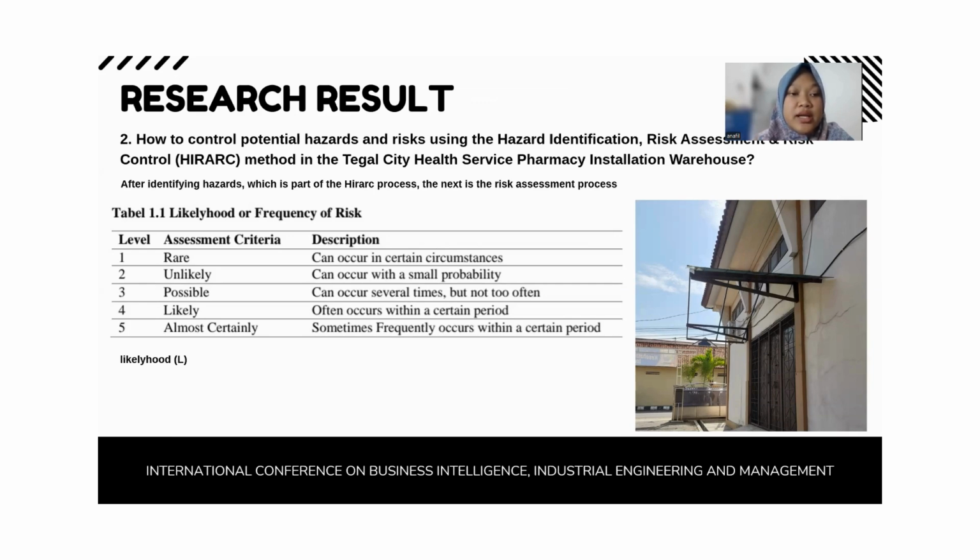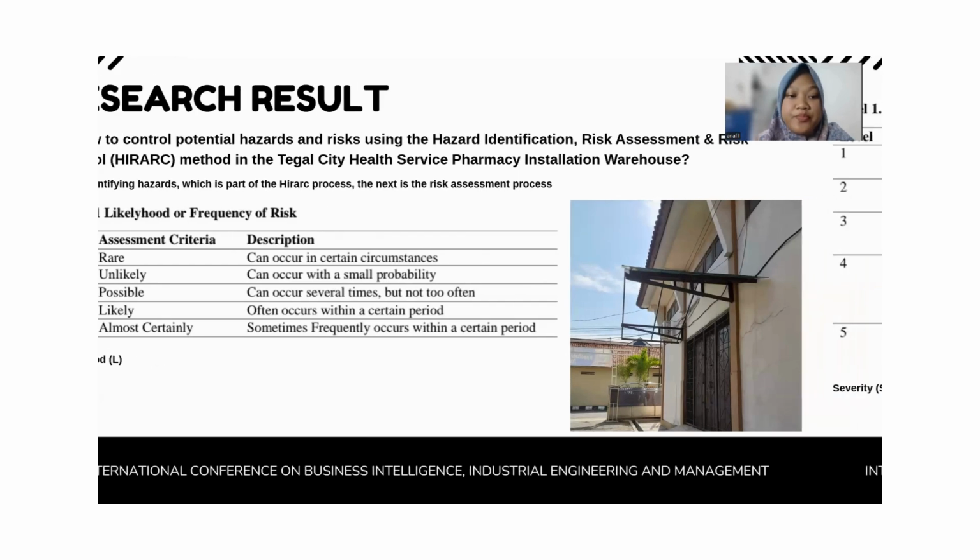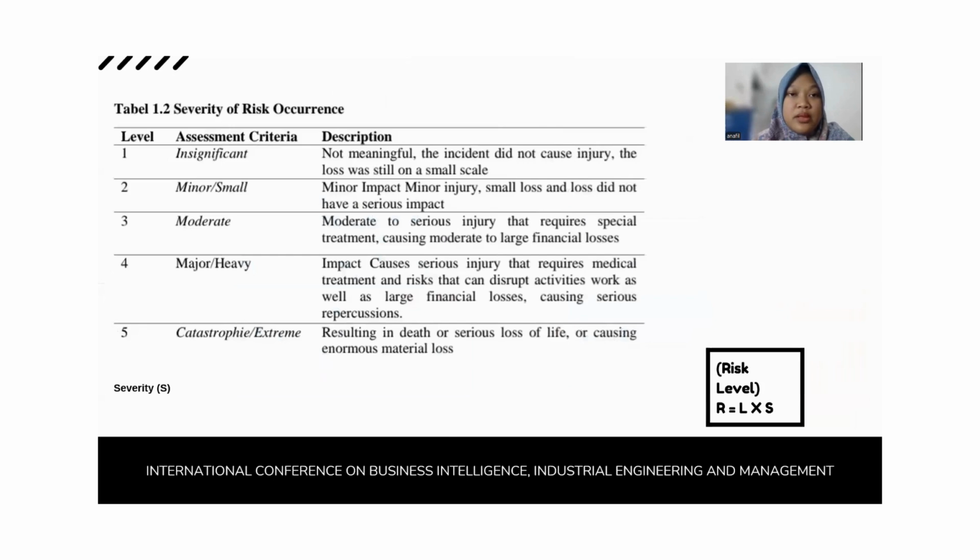The first is rare, and then unlikely, possible, and then likely, and almost certain. And based on the theory also, these are the 5 levels of severity: insignificant, minor, moderate, major, and extreme. And to determine the risk level, the function is L times S, likelihood times severity.